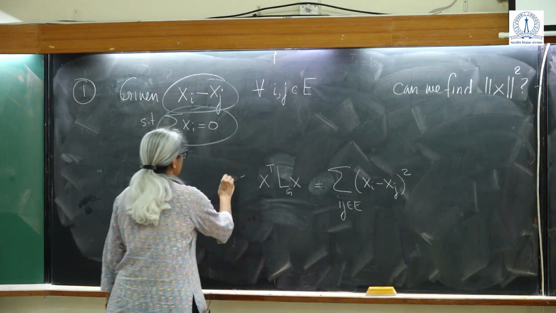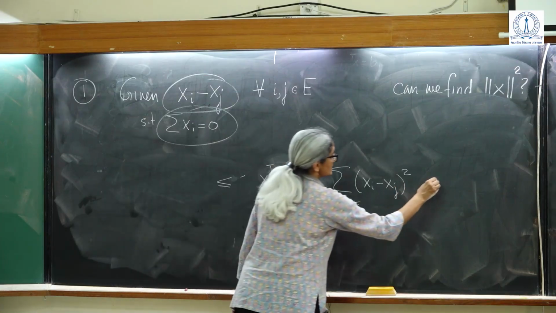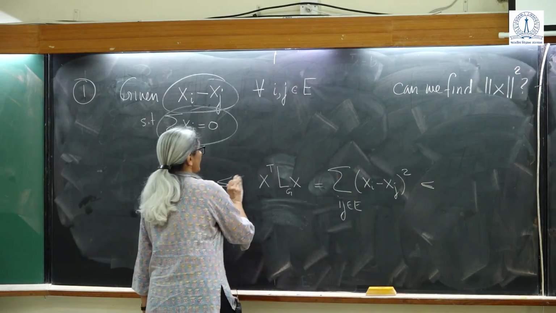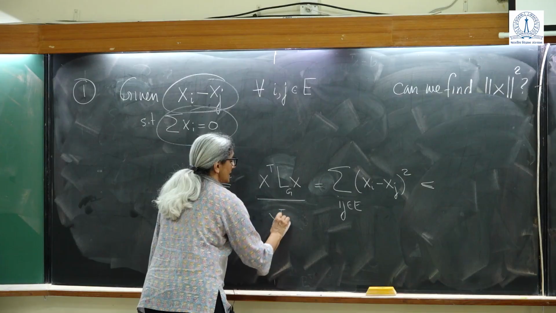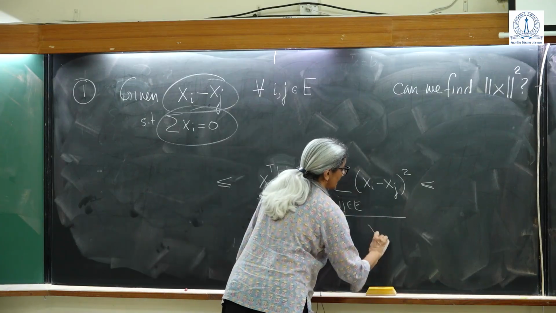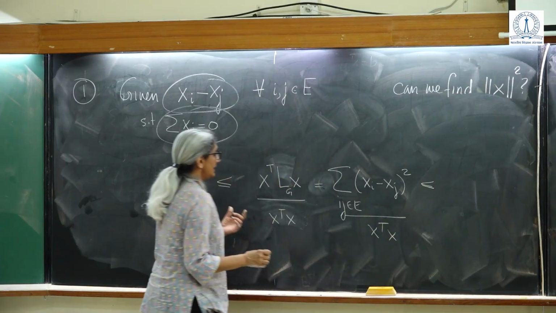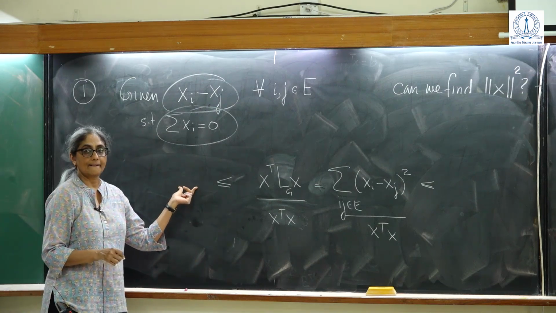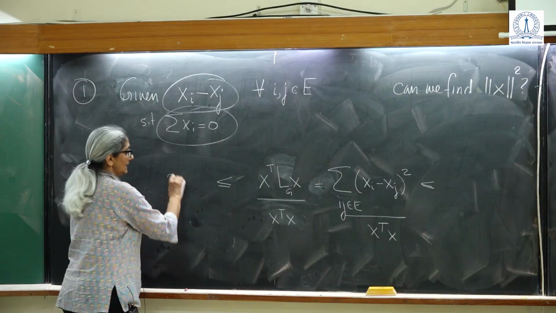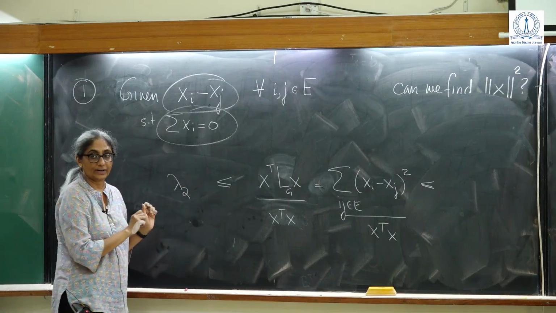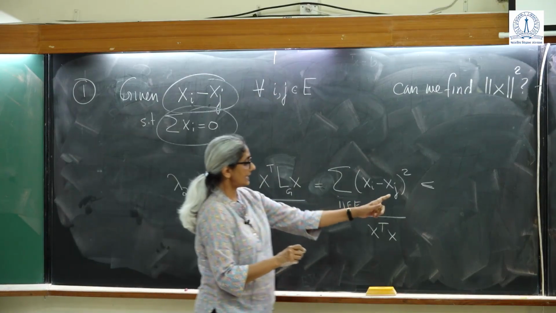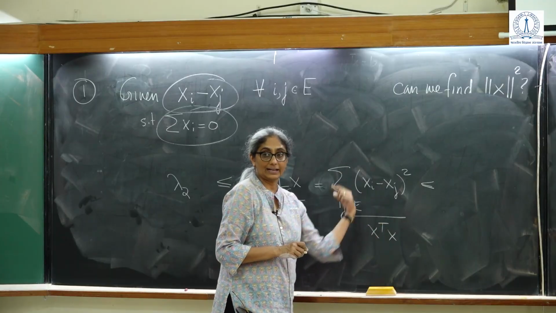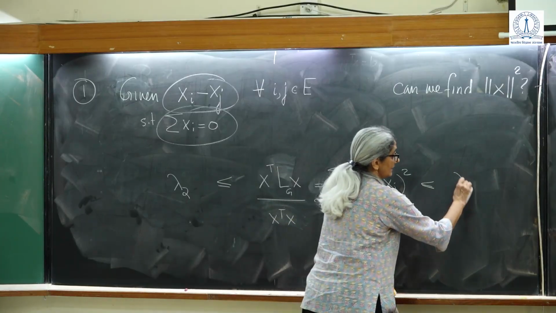This is bounded above and below by some stuff. If I divide this by x transpose x, then at the bottom we get lambda 2 of the graph. On the other side, the maximum value of the Rayleigh quotient is lambda n.